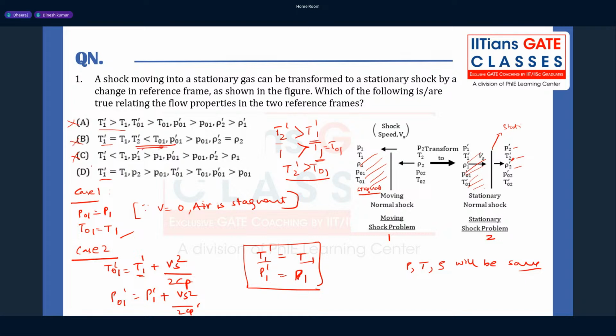So this also cannot be my option. Once you are familiar with all these topics, you can also see that P2 is greater than P naught 1 and T naught 1 dash. These are easy to get once you correlate all these terms, right?